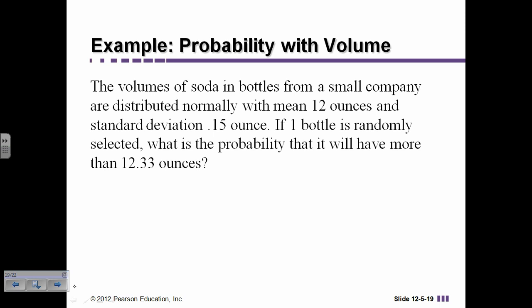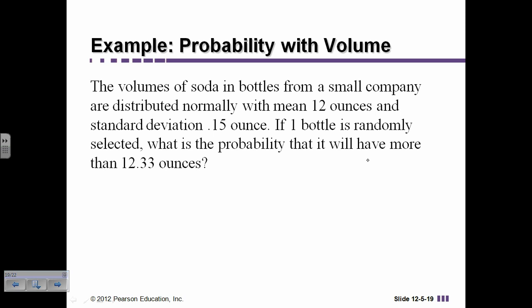So you know that when you've got these companies that are bottling something or packaging something, that even though it says 3 ounces on the package, it's not always exactly 3 ounces. So most of these companies have an acceptable deviation from that 3 ounces that they have listed.